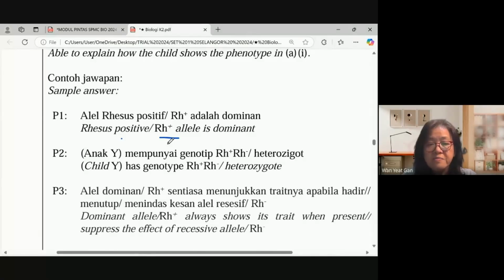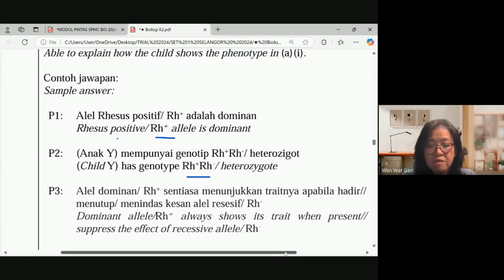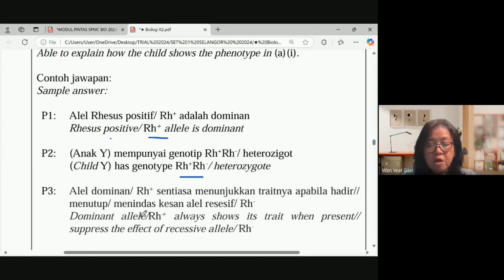So since the child has RH positive, RH negative, the RH positive is dominant and is expressed, while the RH negative is masked, suppressed. So the dominant RH positive shows its trait when present, while RH negative is suppressed when a dominant allele is present at the same time.